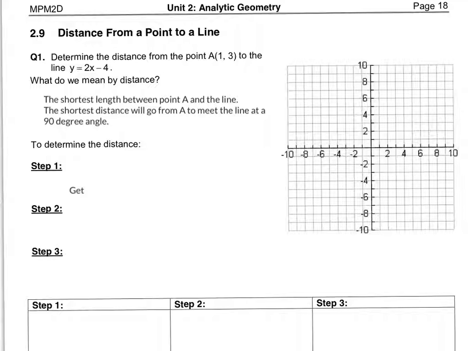We'll try this. All right, the first step is to get the equation of the line through the point, in this case the point A, which is at (1, 3), that meets the given line at 90 degrees.